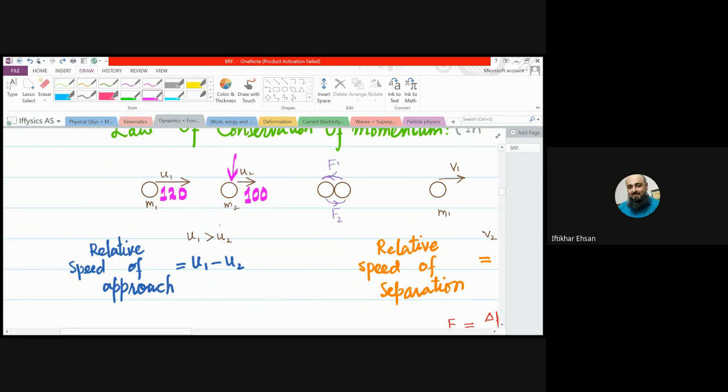The speed of the first object, M1, coming from behind will be equal to the difference of both the speeds, because you were also moving yourself with the speed of 100. So you only experience its speed to be 20. It means you will feel a speed equal to the difference in speed of both. With this speed, the object is approaching you.